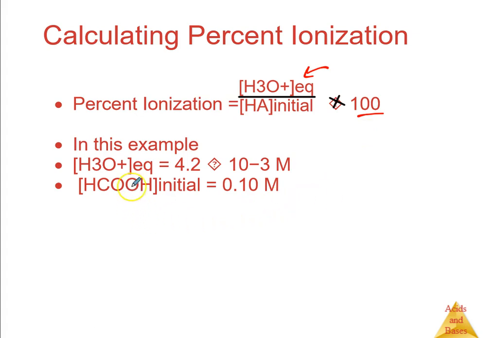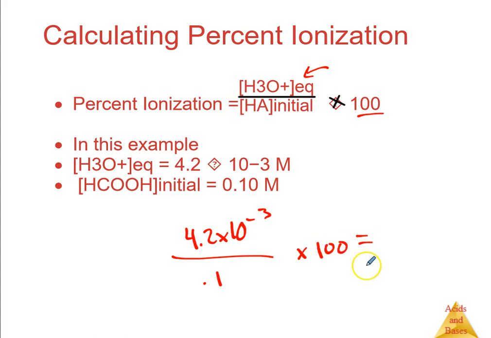In this example, the H3O is 4.2 times 10 to the negative third. The initial was 0.1. You divide that and multiply it by 100. I think it's just 4.2%, isn't it?